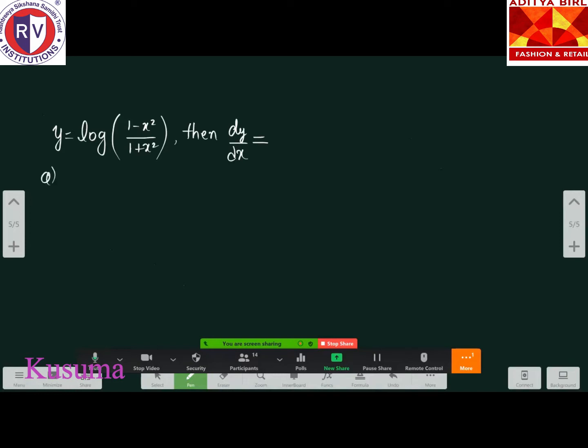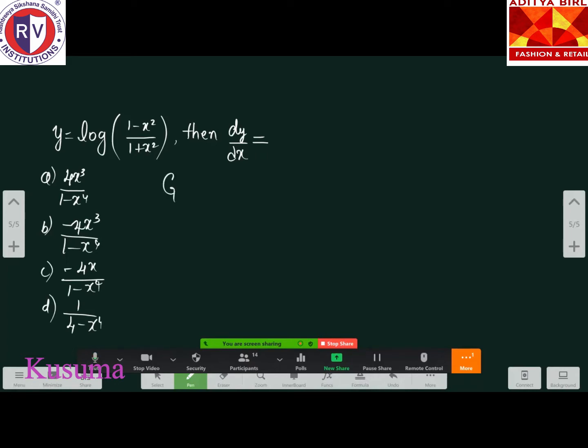The options are: A, 4x cube divided by 1 minus x to the power of 4. Option B is minus 4x cube divided by 1 minus x to the power of 4. C is minus 4x divided by 1 minus x to the power of 4. Option D is 1 by 4 minus x to the power of 4. Okay.